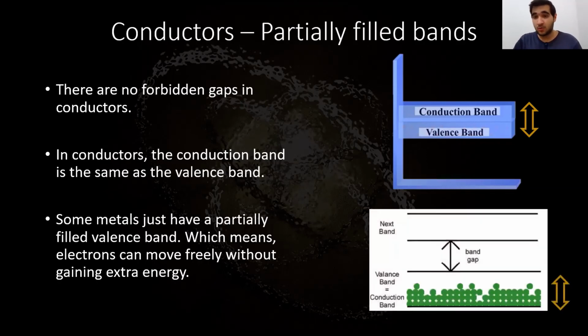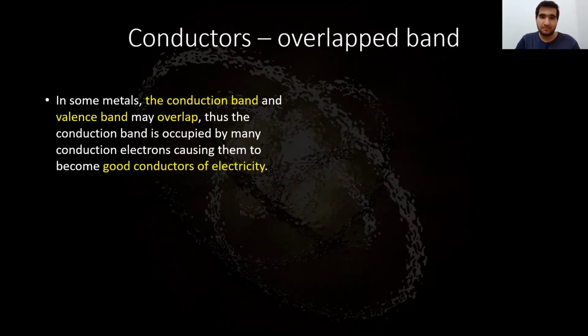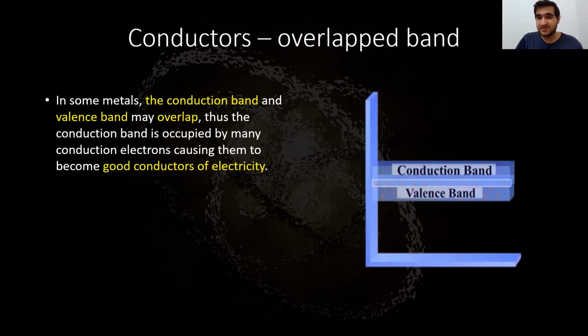Many of the metals that we know have this kind of property. When we look at overlapping bands, in some metals the conduction band and valence band actually overlap. What does this mean? The conduction band is occupied by many conduction electrons, making them good conductors of electricity. For instance, in this picture, there's not a huge overlap, but there's definitely overlap between the valence band and the conduction band.